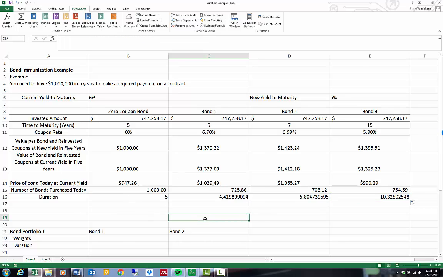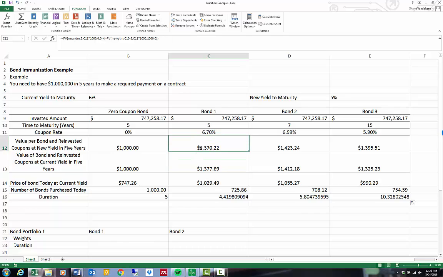One thing I want to show you here is the effect of duration on the change in the price. We're going to see this below too, but we see here that this bond has a lower duration, 4.42. And if we go from a 6% yield to maturity to a 5% yield to maturity, so our yield to maturity falls, this was the value at time 5, 1,377.69.